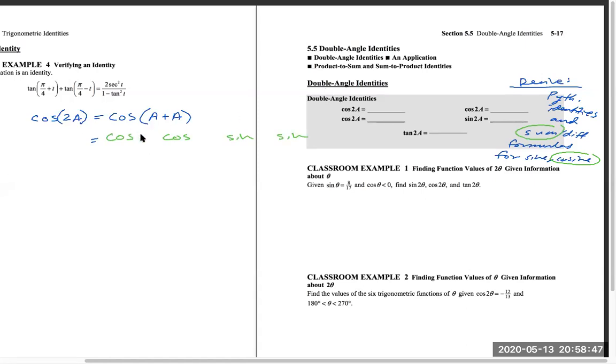Now we're going to have A and A. And then we see a plus sign here, so we're going to want a minus sign between. Now this part's just algebra. Cosine A times cosine A, what would that simplify to? Cosine squared A minus sine squared A. And this becomes our first formula.